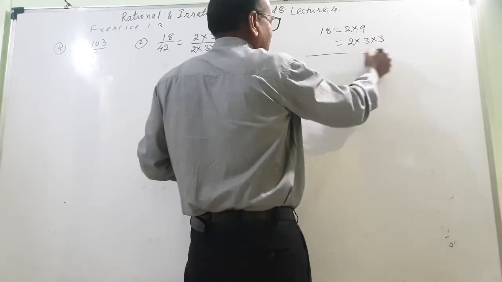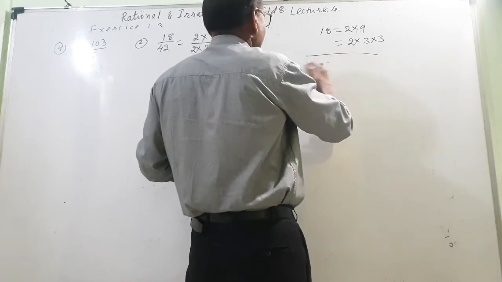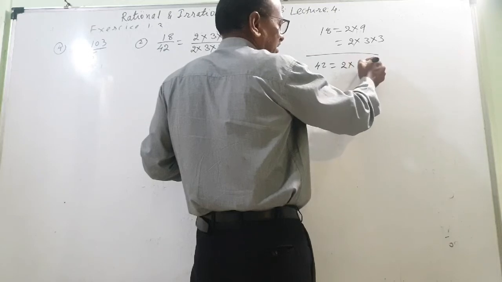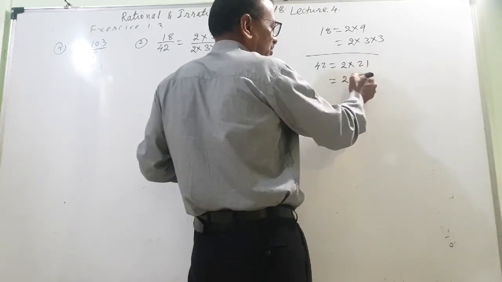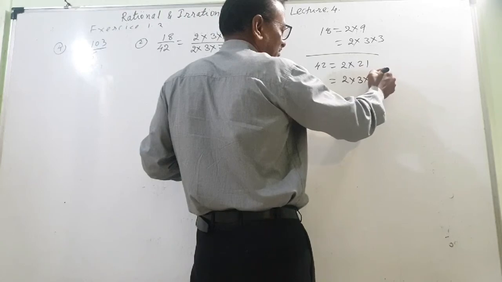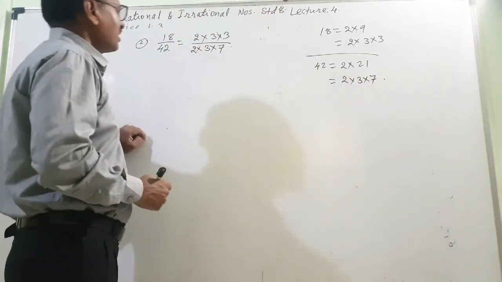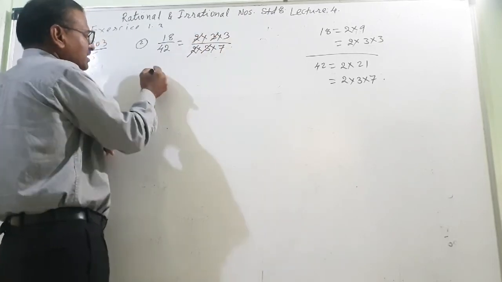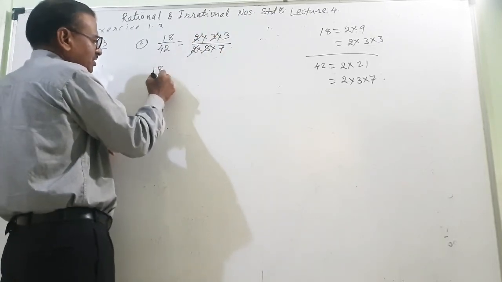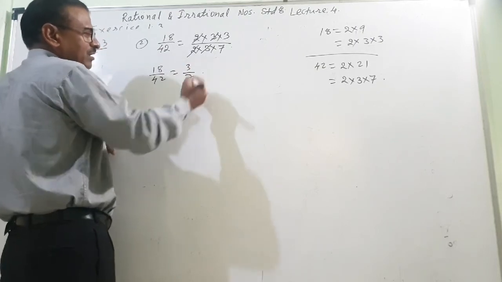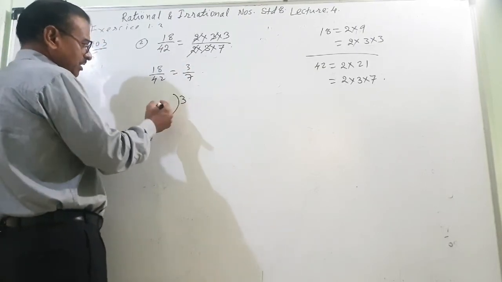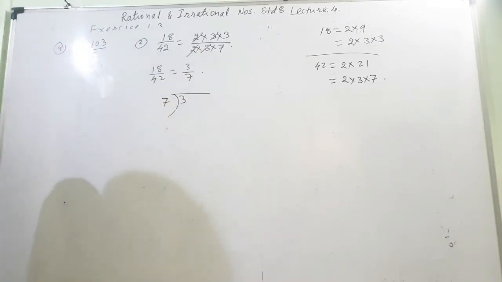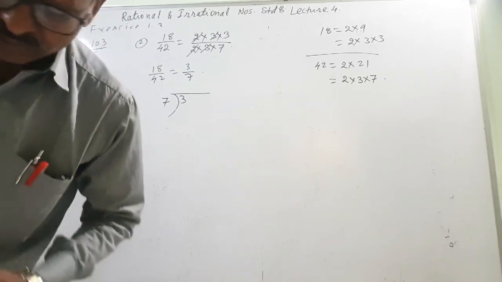You know how to factorize. And 42 is equal to 2 into 21, so 2 into 3 into 7. This way I have done the factorization. Now cancel the common factors. So 18 upon 42 is nothing but 3 upon 7. Start doing this. So I have helped you in that also.